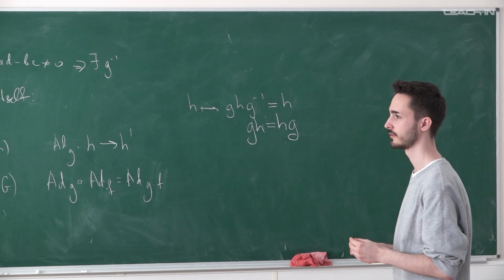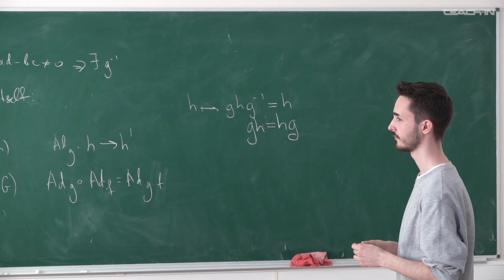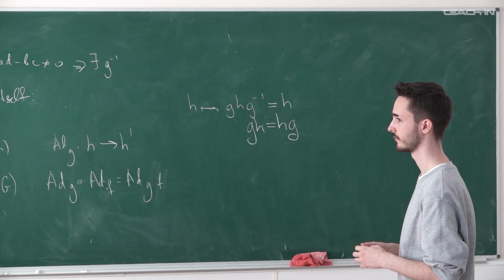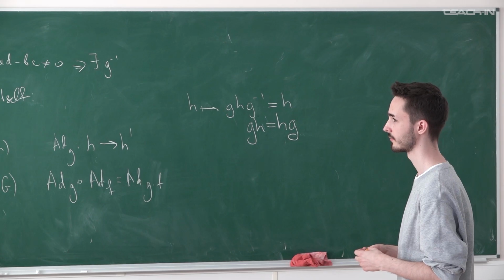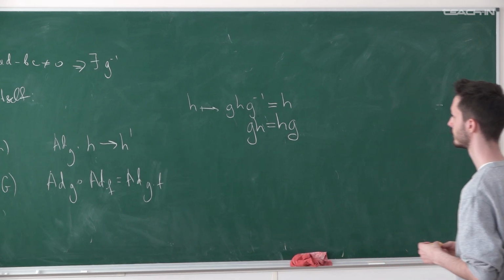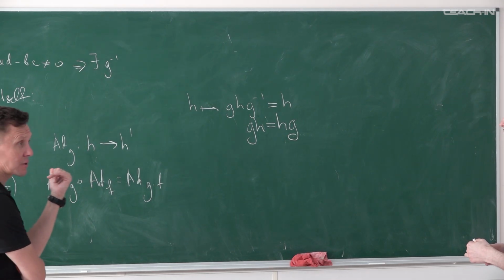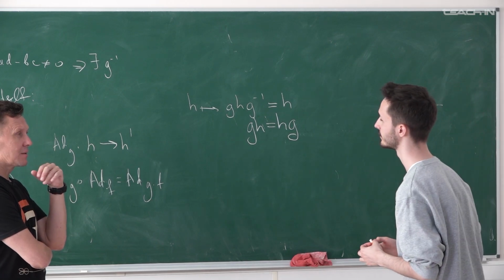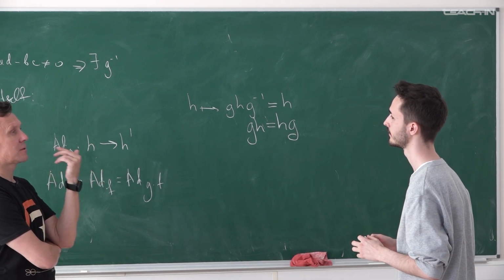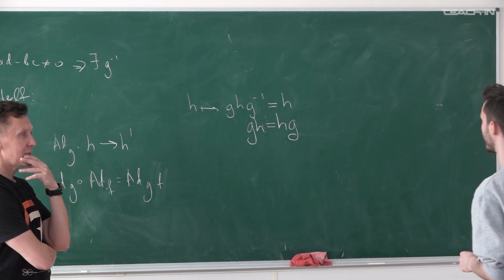Yes. You know that each matrix can be transferred to the Jordan form by the change of basis. The change of basis is the same as the adjoint action. Is it right? Yes. So you can transform each element by the adjoint action to the Jordan form. Means that in each orbit you can find a Jordan canonical matrix.